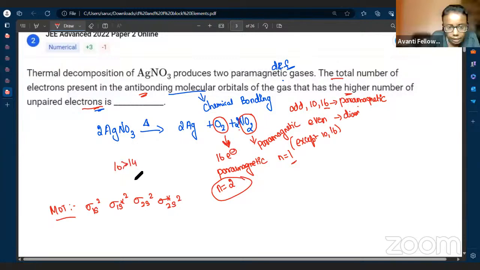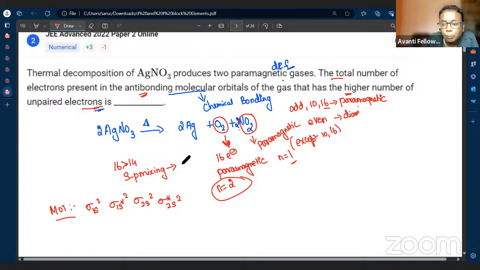So is sp mixing possible? When the number of electrons is greater than 14, is sp mixing possible? No.